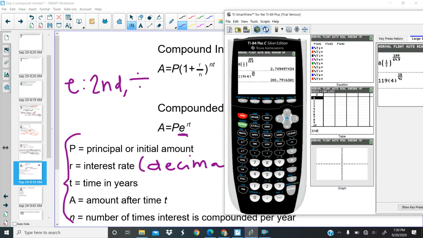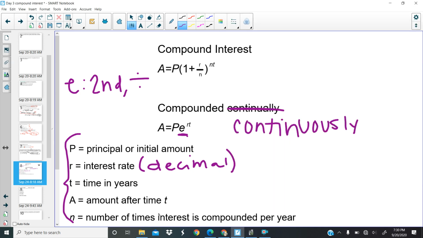So you're going to hit second divide, and you see that little E that's right above the division symbol. If you hit enter, then E is just 2.72 or close to 2.72. So whenever you are using the PERT formula, make sure that you know that E is just a number. So it's about 2.72.